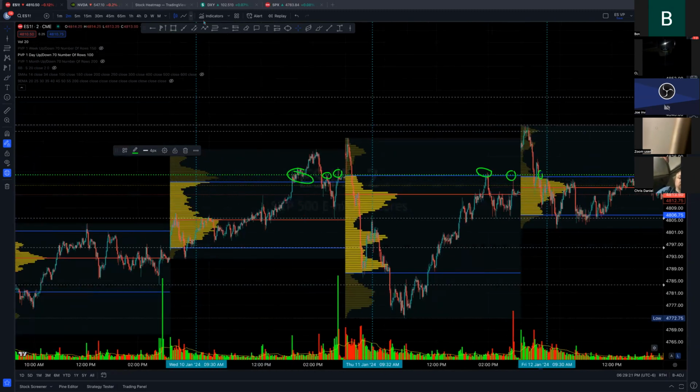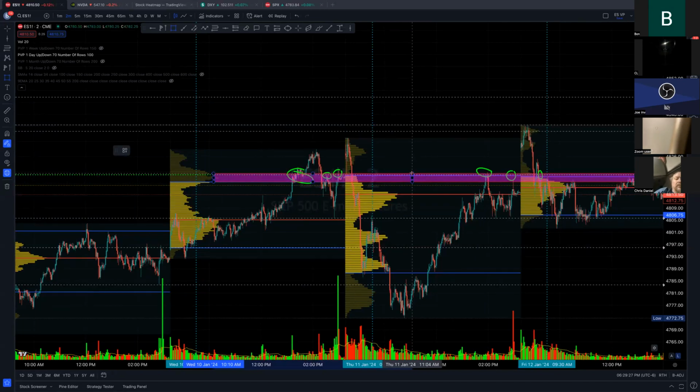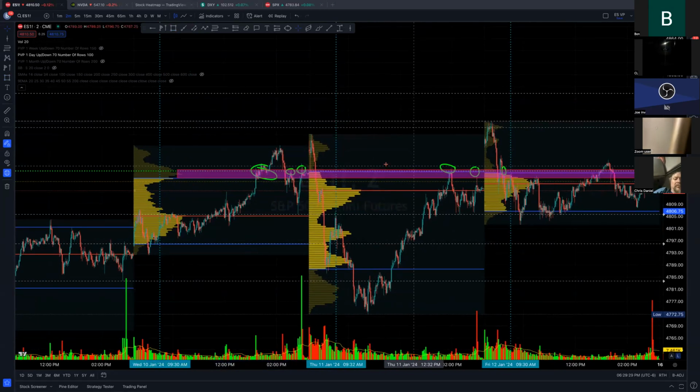So essentially what we're doing is using this value area high here, like this. Do you guys see that? So I just found a zone using value area highs from 2 sessions. So we use the price action. We use the value area high. We try to find reactive price to the area or to the level. And we have all those 3 things.